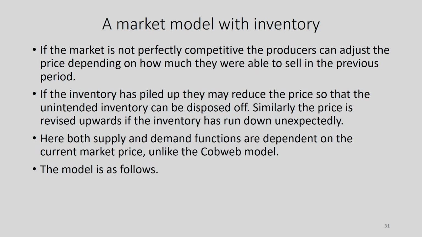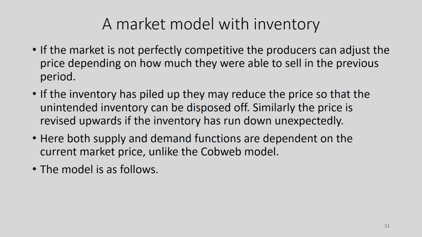Similarly, the price is revised upwards if the inventory has run down unexpectedly. The idea is that in any period, suppose the inventory is piling up, then the producers will like to give some encouragement to the buyers to buy this unintentional rise in inventory.